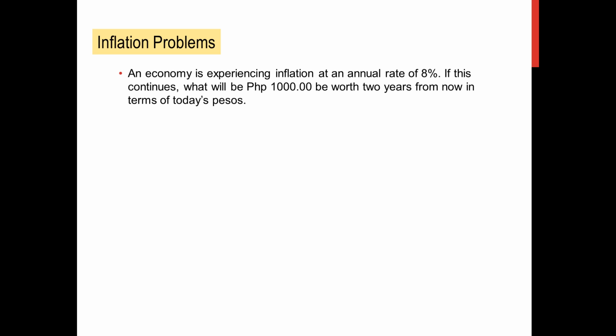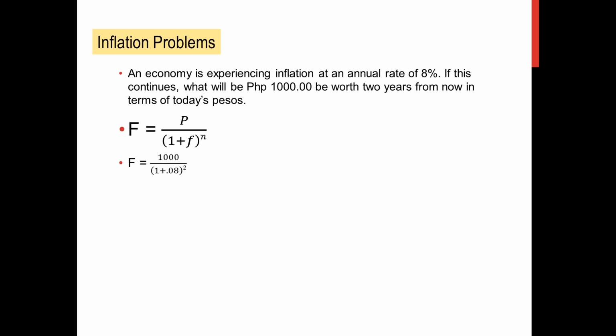So another problem: an economy is experiencing inflation at an annual rate of 8%. If this continues, what will 1,000 pesos be worth 2 years from now in terms of today's pesos? This problem involves the worth of money, but not specifically the price of a certain commodity. So basically, we are going to use this formula for the future worth and the present worth, which involves the inflation rate.